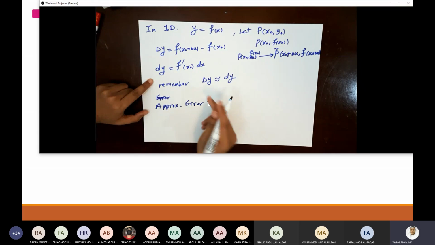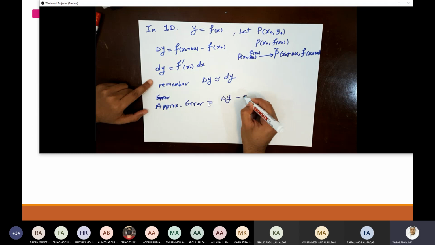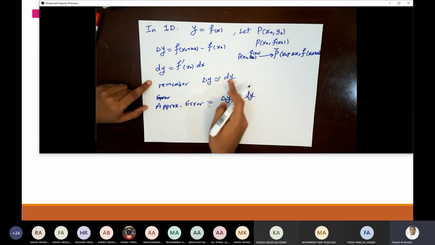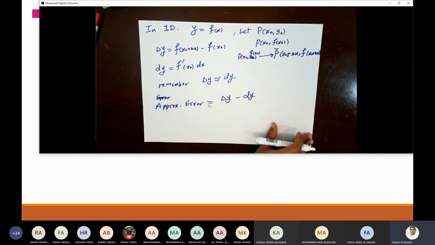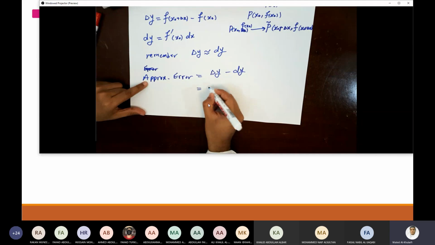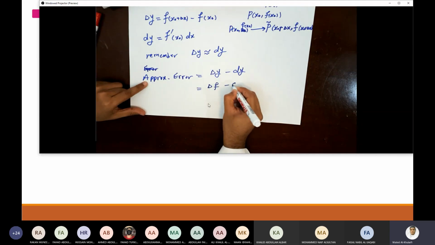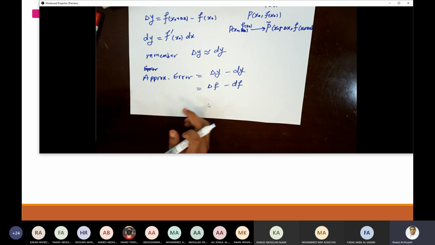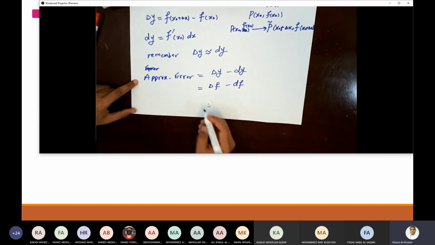If I want to measure this error, what I will do is say delta y minus dy. Of course, the exact value is being approximated, so when I take the difference it will give me the error. This is the basic concept you learn everywhere. So let's say delta f minus df, if I want to change y to f. Why? Because I want to generalize later this function f. What is delta f?